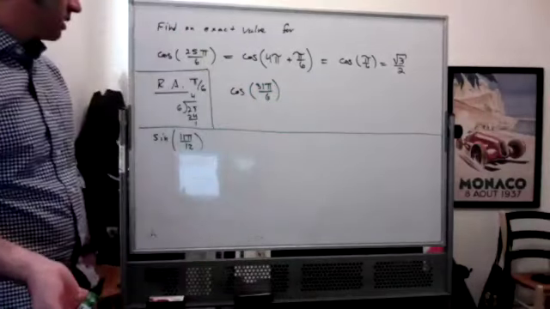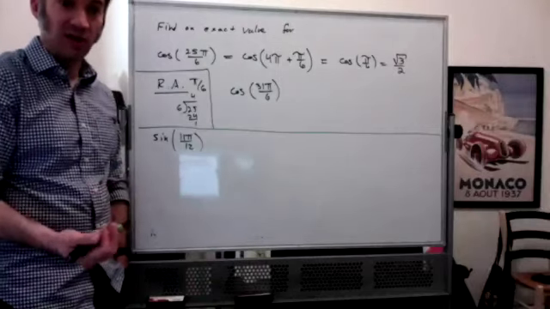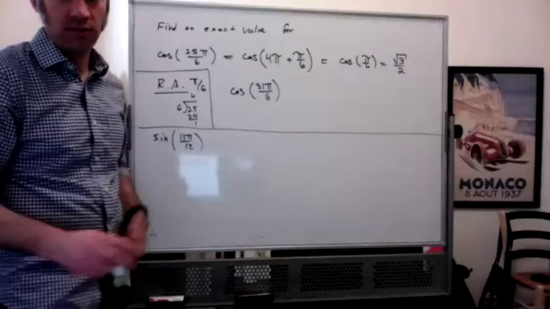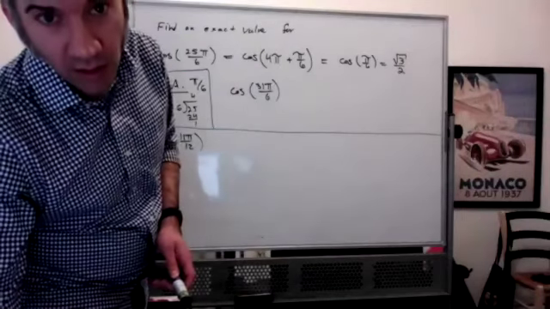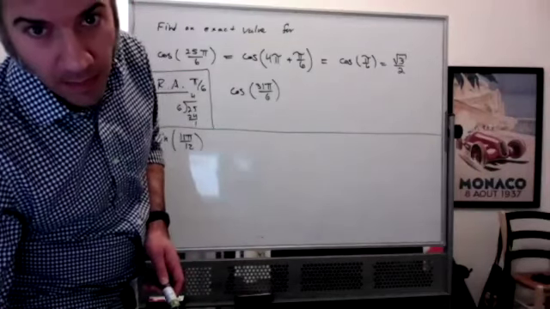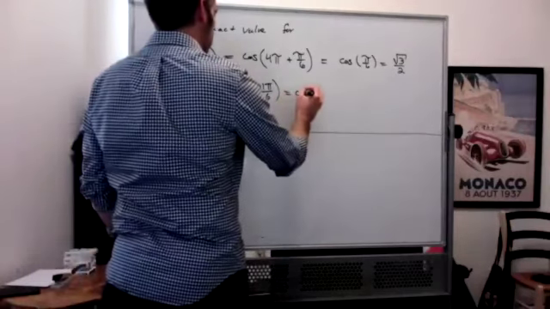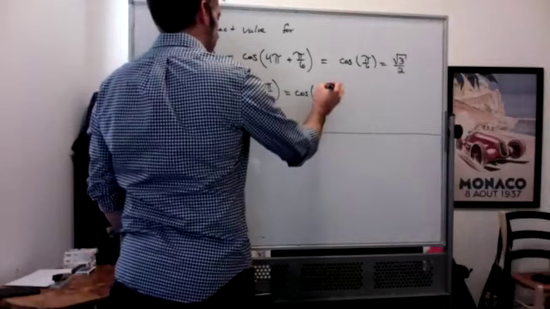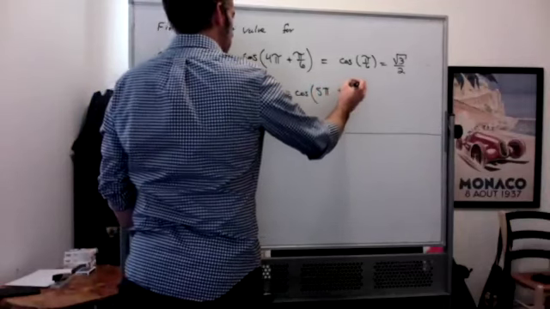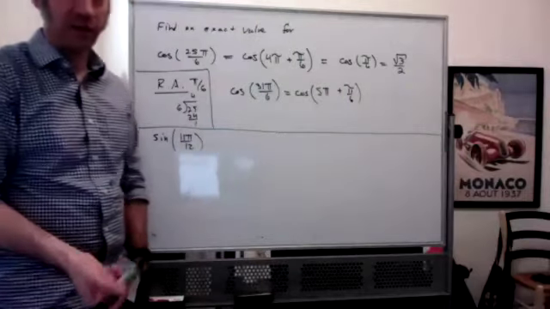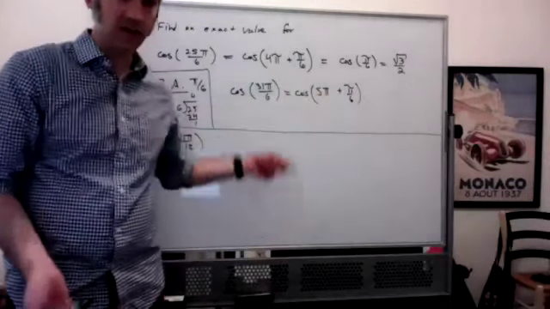Again, if we think about doing the division, 31 divided by 6 is 5 with a remainder. So this equals cosine of 5 pi plus pi over 6, because 5 pi is 30 pi over 6 plus 1 pi over 6 is 31 pi over 6.